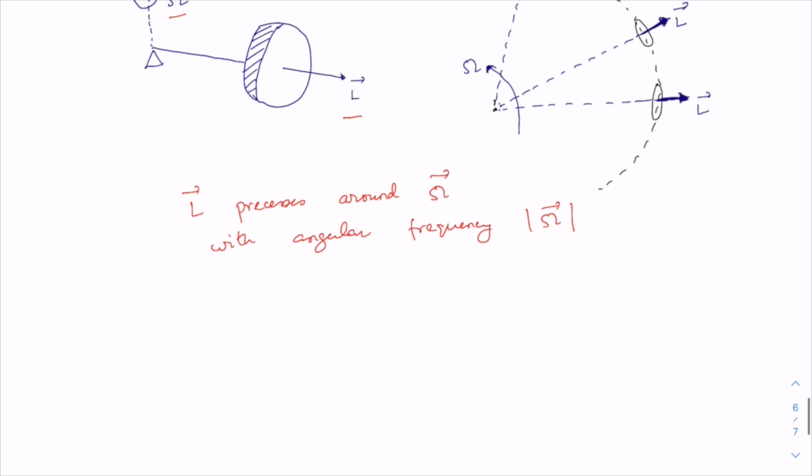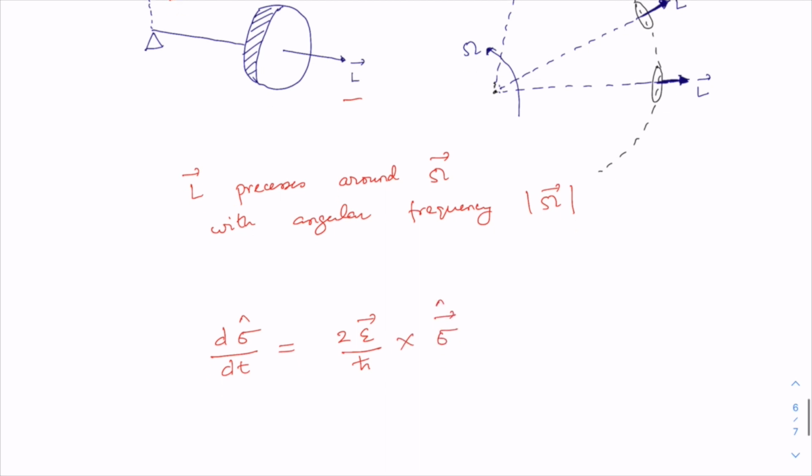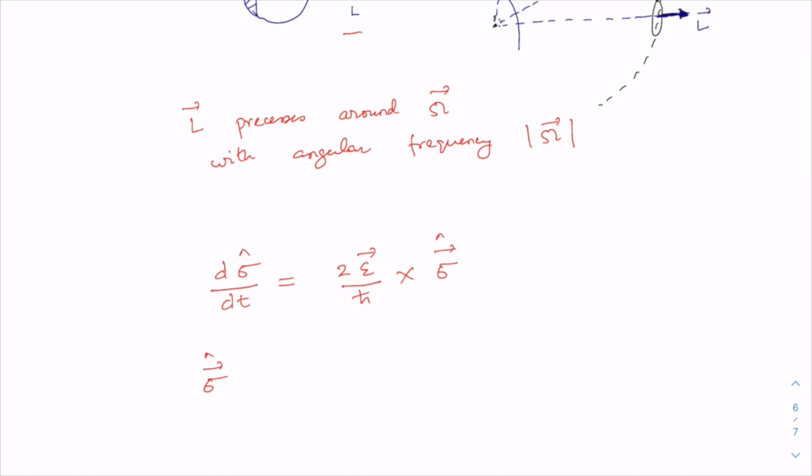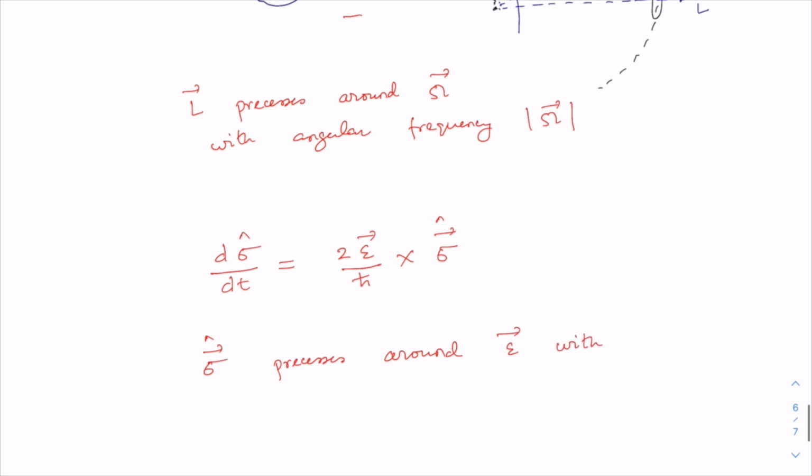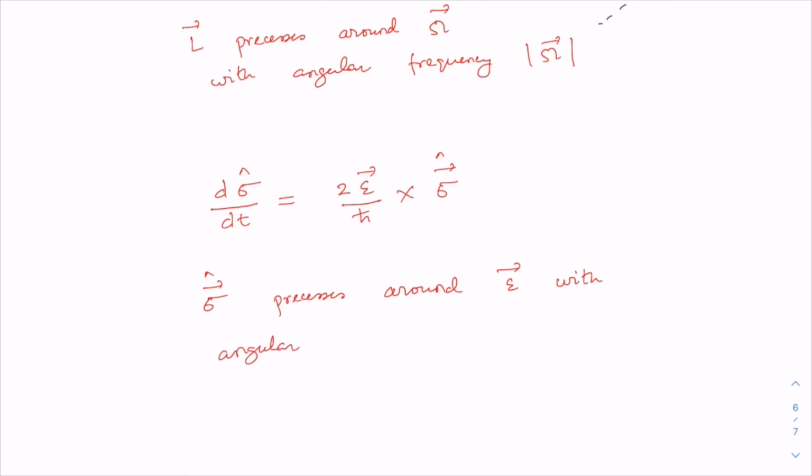In fact, along similar lines, we can interpret this d sigma dt is equal to 2 epsilon by h cross cross this Pauli vector, that this Pauli vector precesses around this epsilon vector with angular frequency 2 epsilon by h cross.